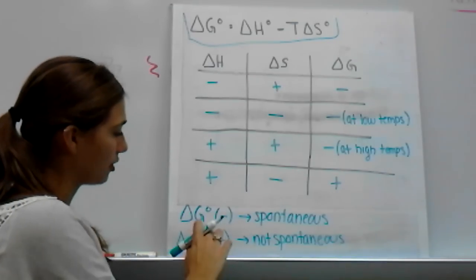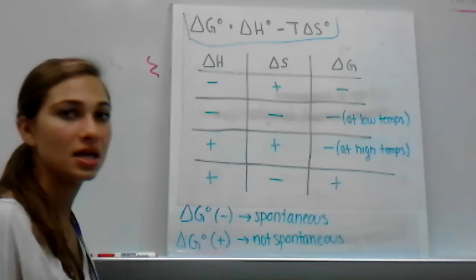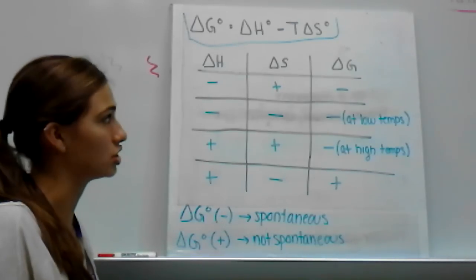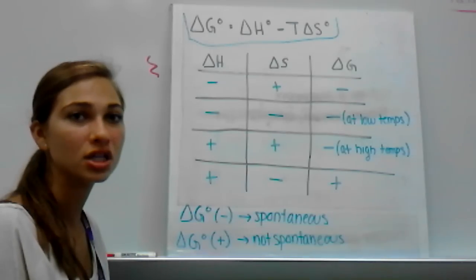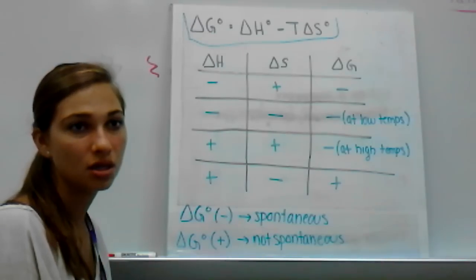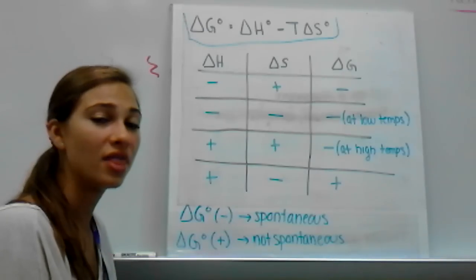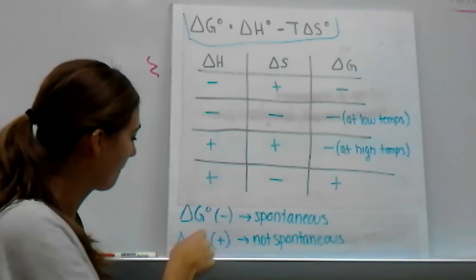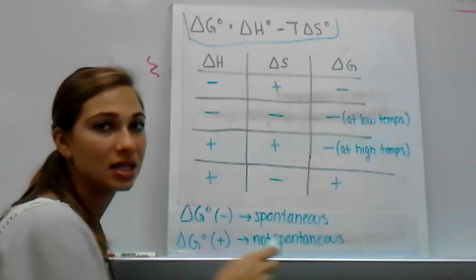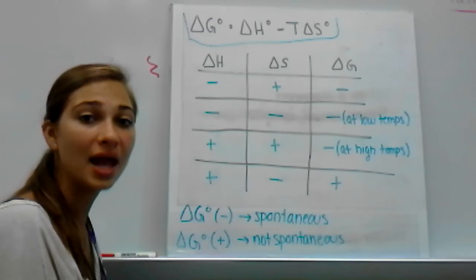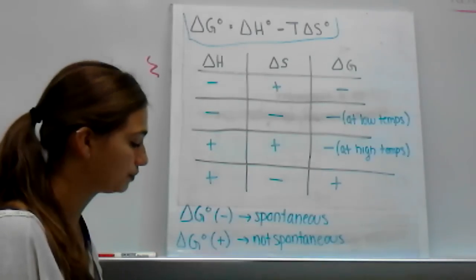If we get our delta G to be negative, that means that it is a spontaneous reaction. Basically what we want is for our reaction to go to lower energy. Reactions always go to lower energy. When that occurs, it's spontaneous. If our free energy is positive, that's a not spontaneous reaction. We can make it happen, but it doesn't happen under normal conditions.